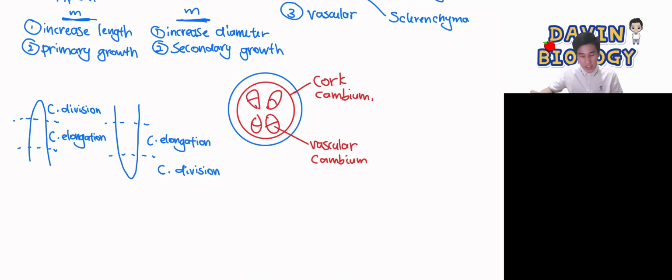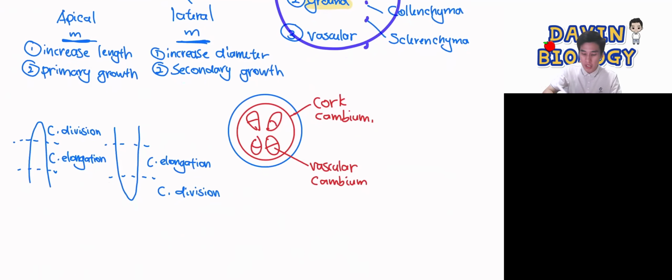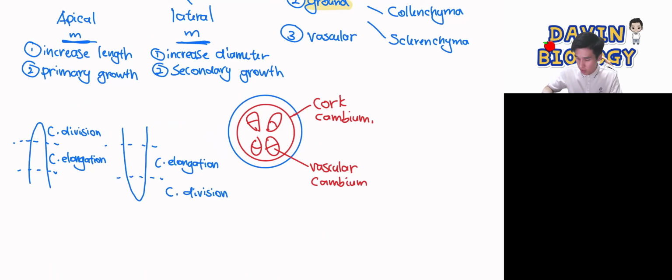And then the final zone: as they become big already, these cells have to start to become useful. They will undergo differentiation to form all these permanent tissues. So meristematic identifies these 2 zones. At the 3rd zone, they start to become useful to the plant. The 3rd and final zone is called the zone of cell differentiation.